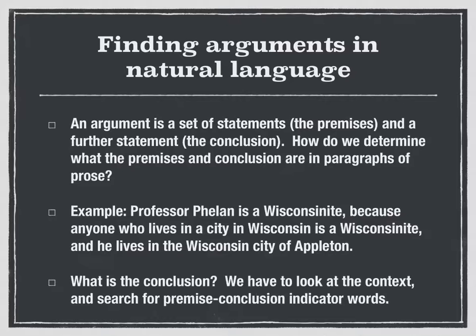So in saying that, Sam, I think what you're doing is looking at the context of this sentence, looking at the kind of way in which the sentence flows in some way. And then additionally, you might rely upon a premise or a conclusion indicator word. Here, the indicator word that's at play is because, right? So because seems to be a word that is used to point to evidence for some claim.